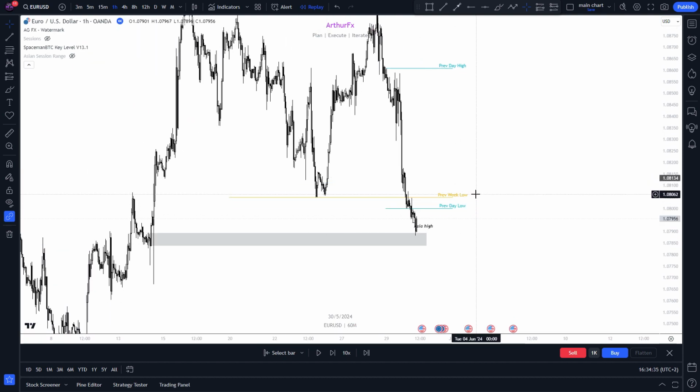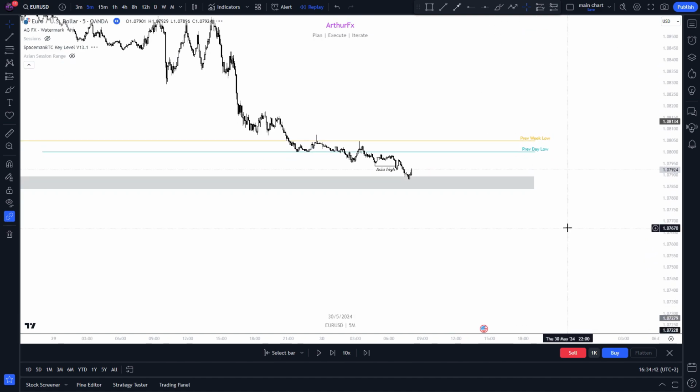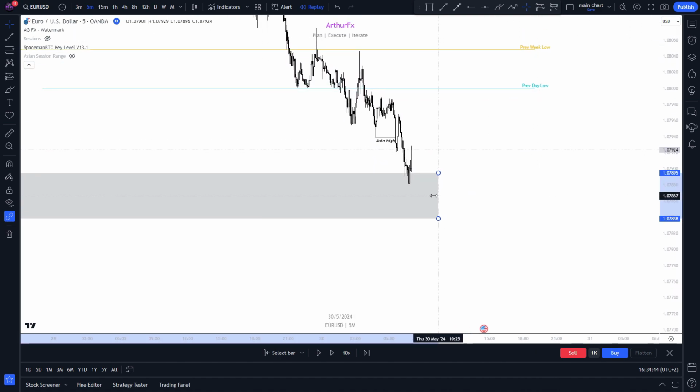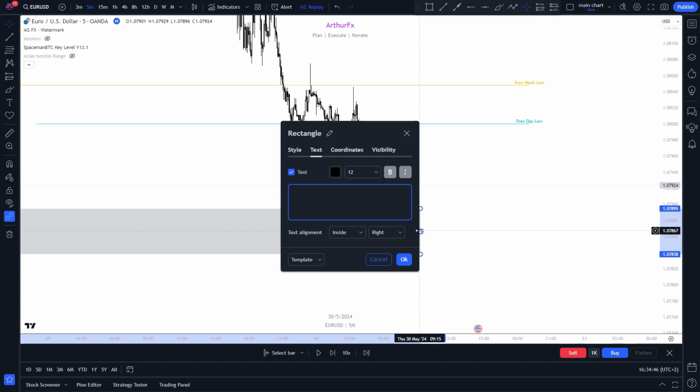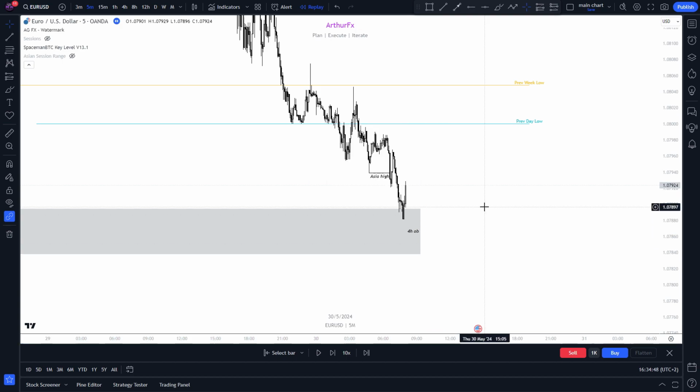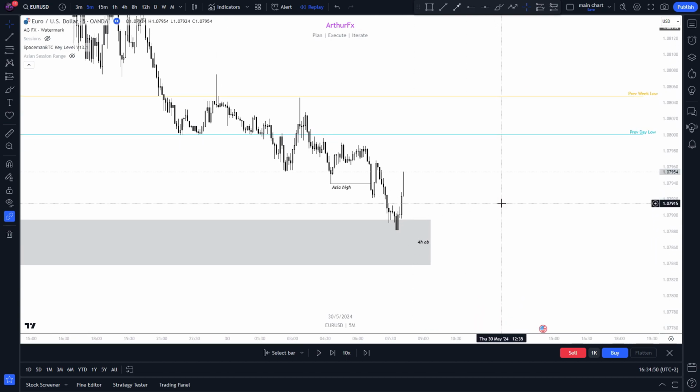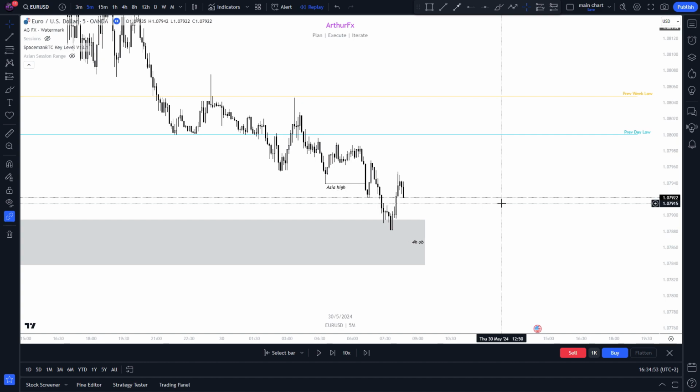So this was my confirmation. This is what made me confident in this move, and I was looking for longs right here. So I believe, check, yeah.